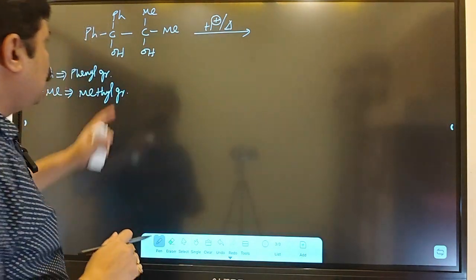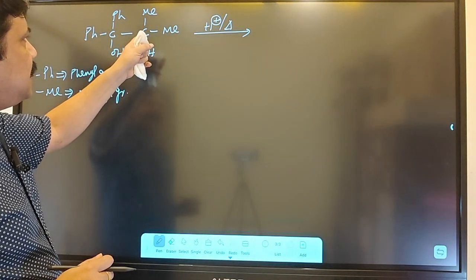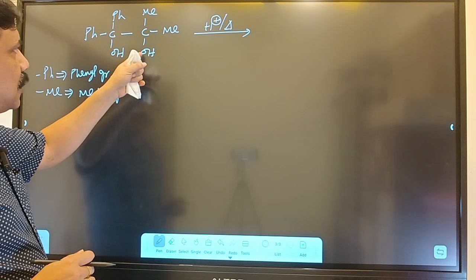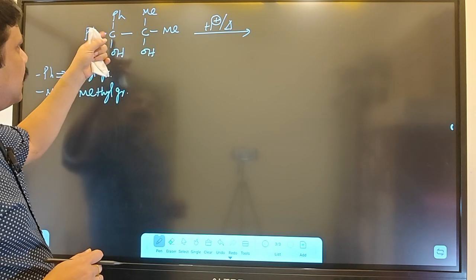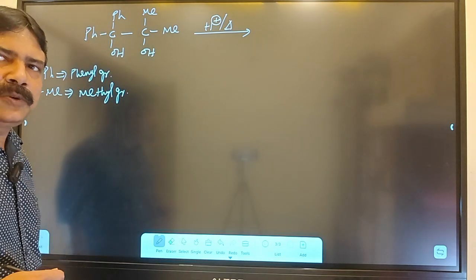You look at one possibility here: protonation from alcohol to protonated alcohol, and carbocation generation over here. And another possibility on the left hand side, carbocation generation.